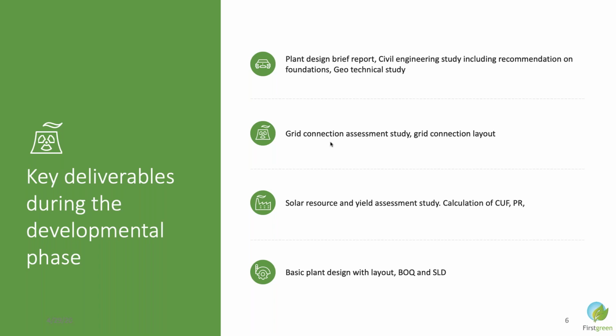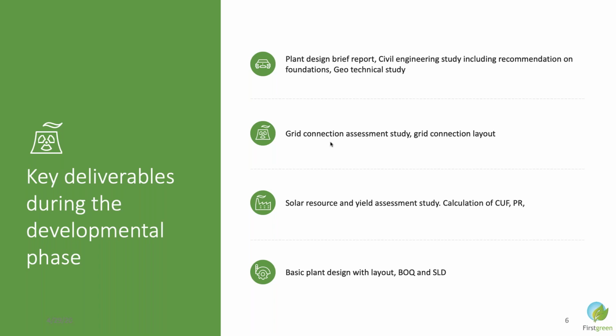Because your site is now finalized, you can do on-site measurements of some solar radiation data immediately. You can also collect third-party data for your final yield assessment study. What we did in the preliminary phase is the first level yield assessment, but now you need a detailed yield assessment study, which is required to your lenders.